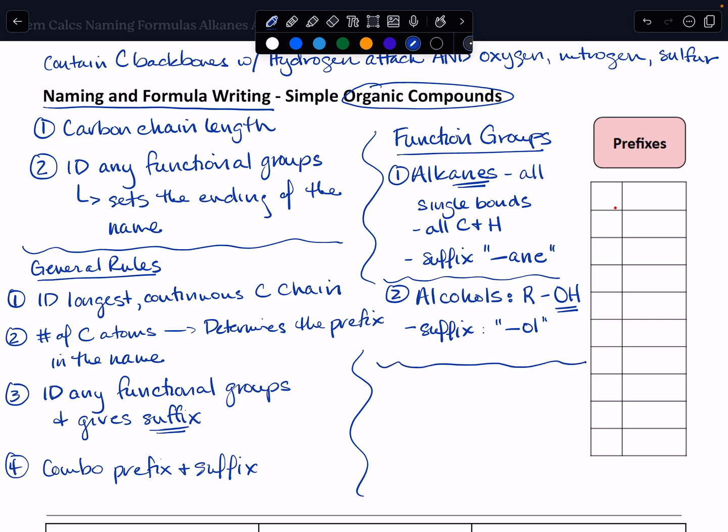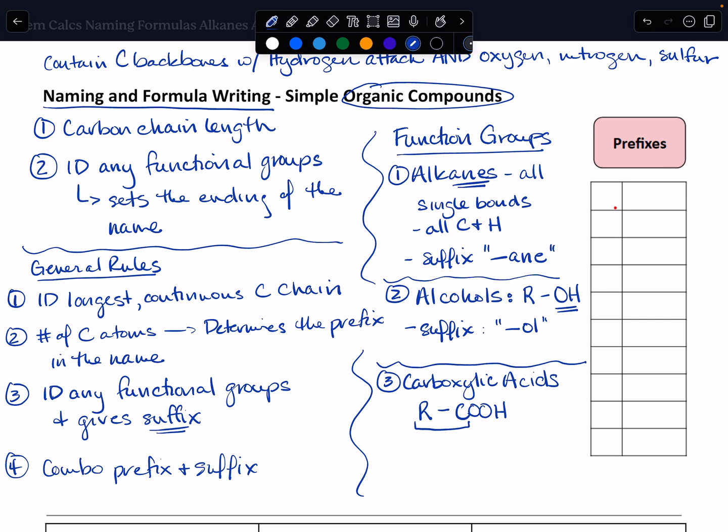All right, and then finally, carboxylic acids. All right, and for these, you would have your carbon chain, and then your functional group is COOH. All right, now, the prefix that you're going to use is going to include all of the carbons in the R group and that carbon in that COOH group.